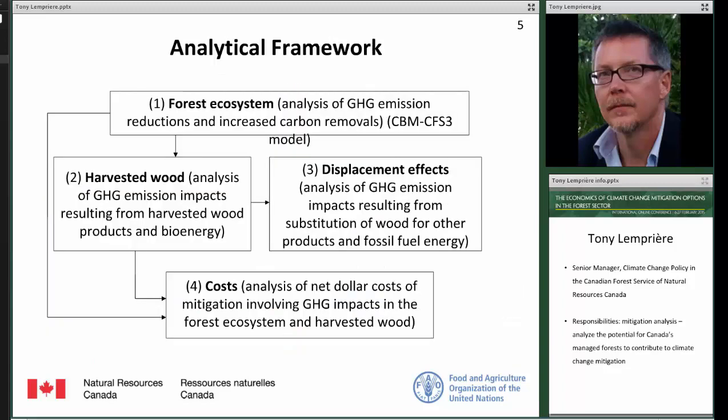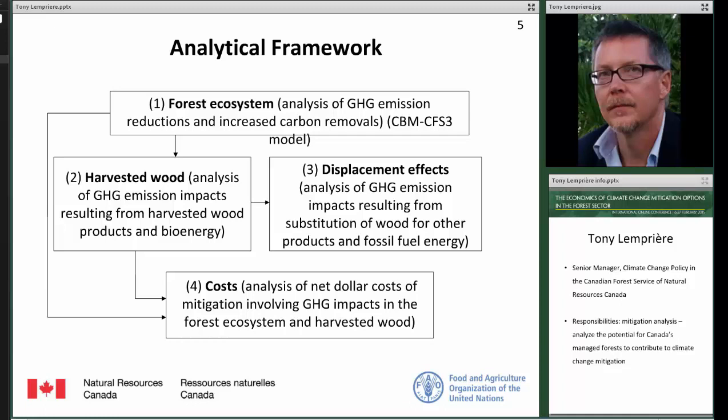We had 4 components in our analytical framework. First, the impact of strategies on the forest were estimated with the carbon budget model of the Canadian forest sector. That's the same model that Canada uses to produce forest-related estimates for its annual greenhouse gas inventory reporting. Second, we estimated emissions associated with bioenergy and carbon stored in harvest wood products.